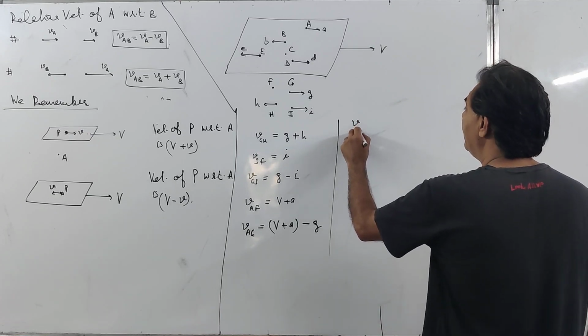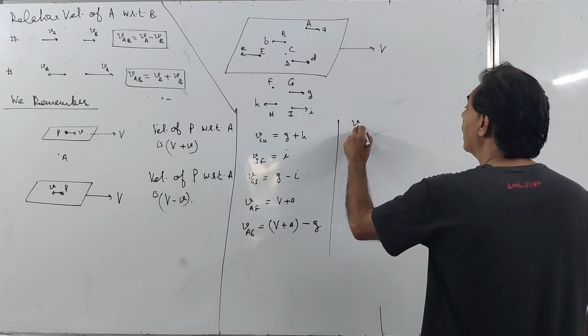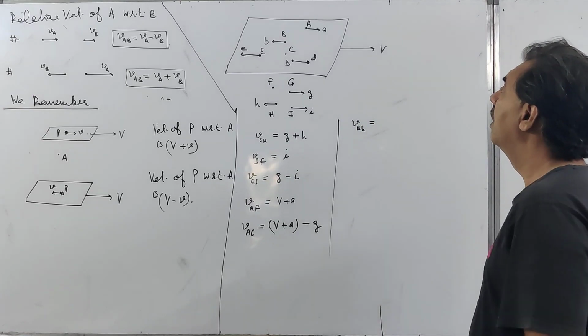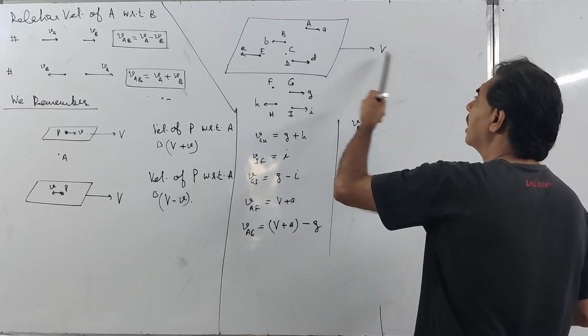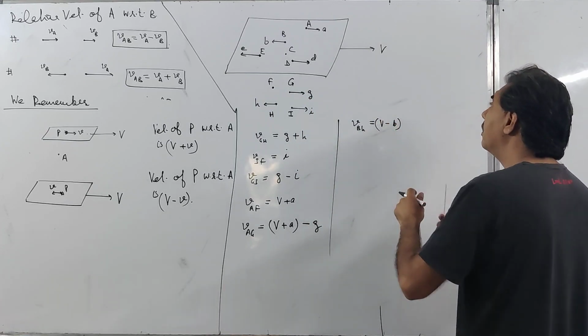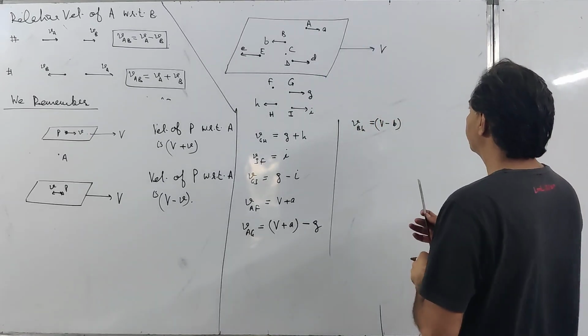Velocity of B with respect to H, let's say. पहले with respect to F निकाल लो. ये इधर जा रहा है, वो उधर जा रहा है. V minus B. अब V की स्पीड सबसे ज्यादा, ठीक है?